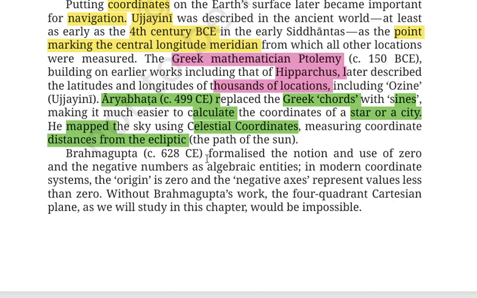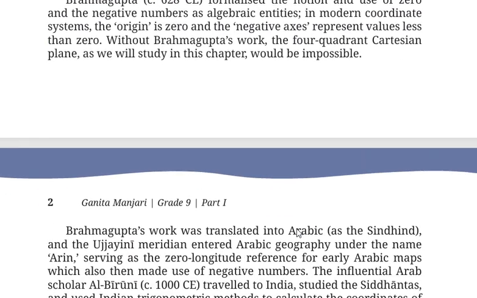As we know, Brahmagupta formalized the notion and use of zero and negative numbers as algebraic entities. Brahmagupta formalized zero, negative numbers, and positive numbers, which are known as integers. Without Brahmagupta's work, the four-quadrant Cartesian plane, as we will study in this chapter, would be impossible.